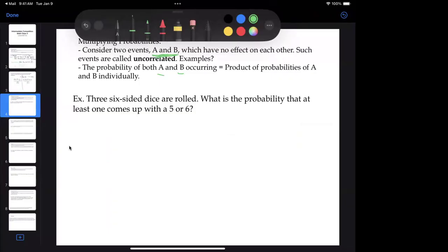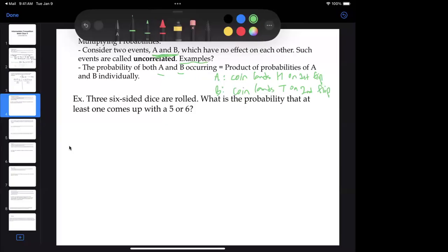For example, say event A is that a coin lands heads on the first flip, and event B is that the coin lands tails on the second flip. These two events, A and B, are independent, so whatever happens in A doesn't affect what happens in event B.